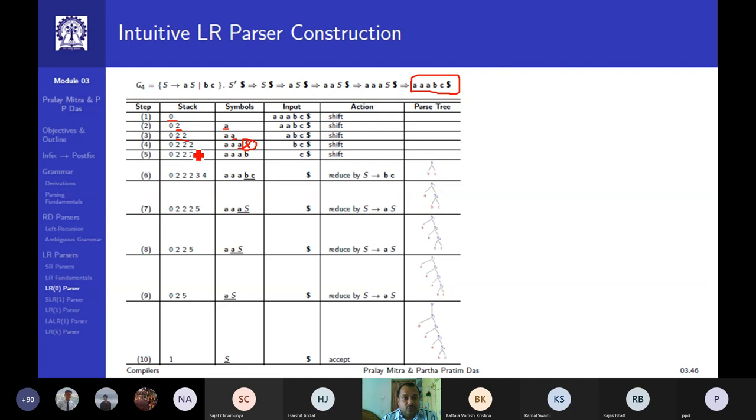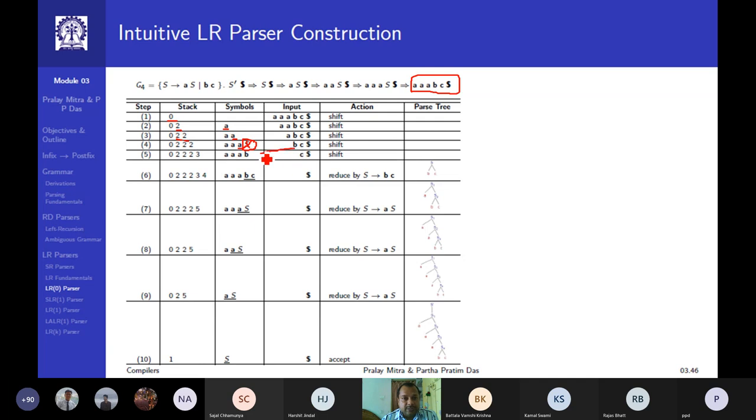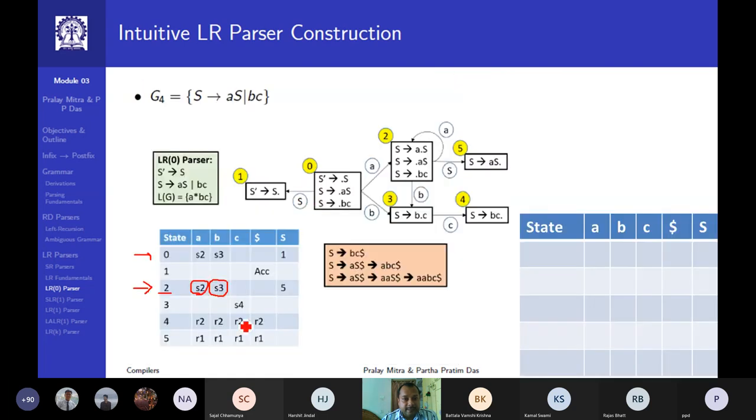Now standing at state 2, when I see B, it says shift 3, S3. So shift B here and push state 3 here. Standing at state 3, when I see C, shift S4.